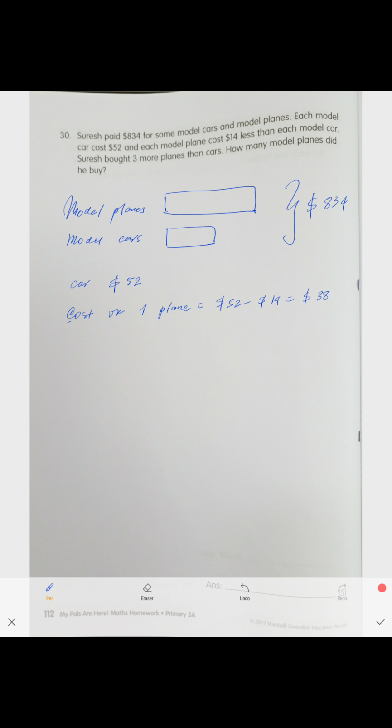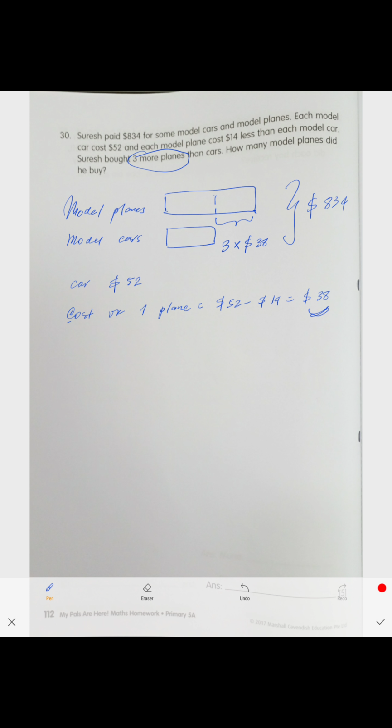Okay, that's the cost of one plane. They tell us 3 more planes than cars. So 3 planes, each plane is $38, times 38.